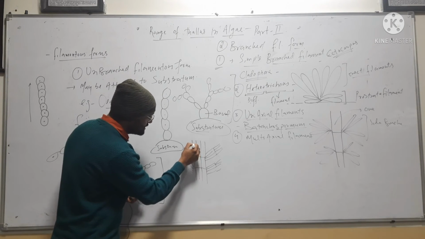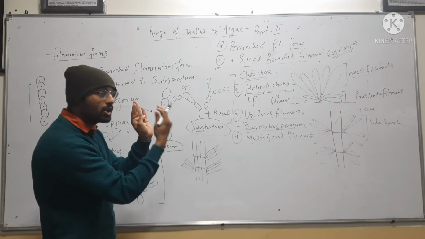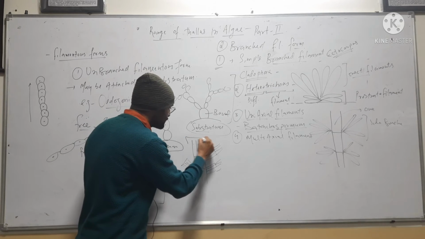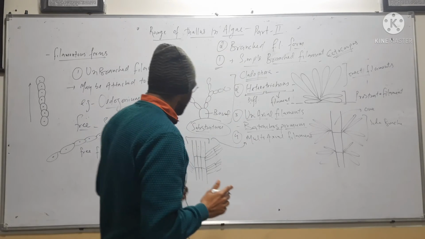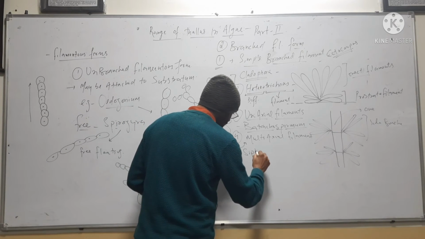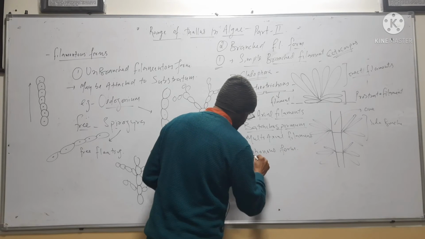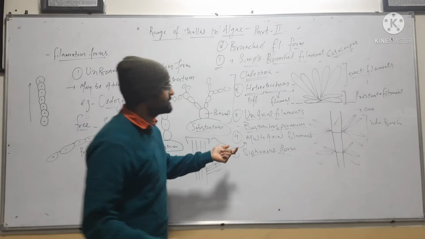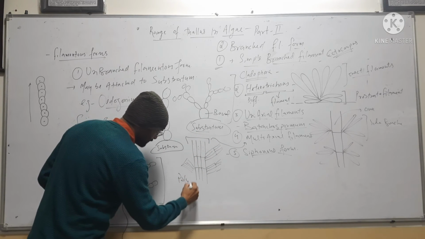Here you can see that this axis is very close to this, and this is very close. So this is called multi-axial filament. Example of multi-axial is Polysiphonia.